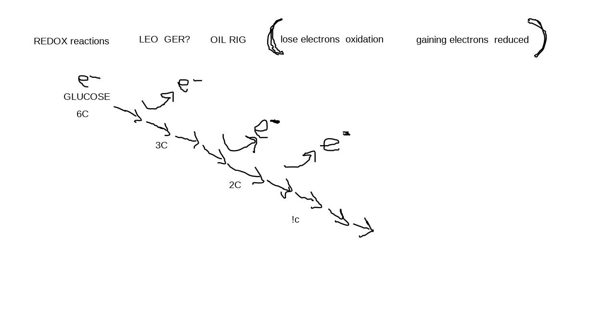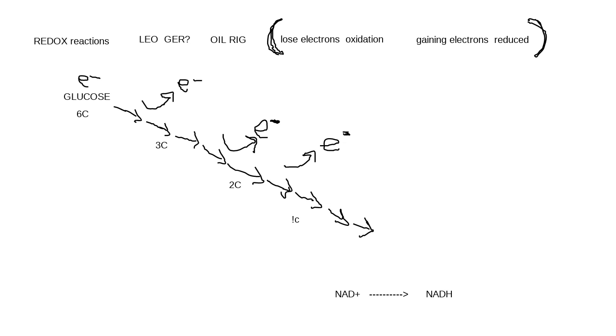So let me type this over here. Every time an NAD plus gains electrons and is reduced, it becomes NADH. So those electrons coming off here are picked up by NAD pluses. They can also be picked up by FAD.